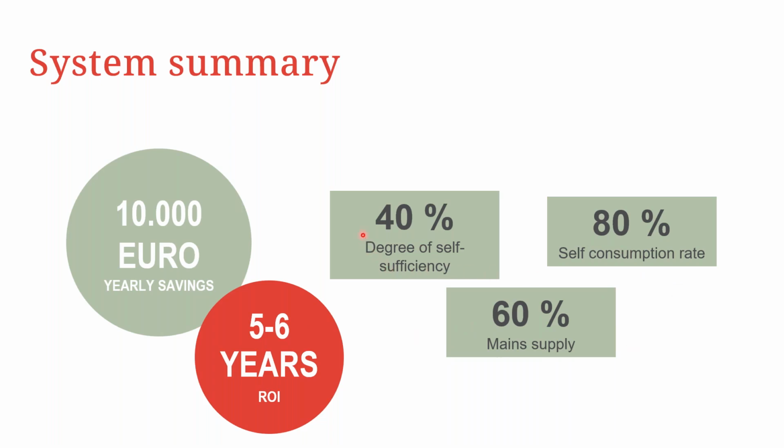In terms of self-sufficiency, this is 40% with a self-consumption rate of about 80%. This customer still is taking 60% from the grid.